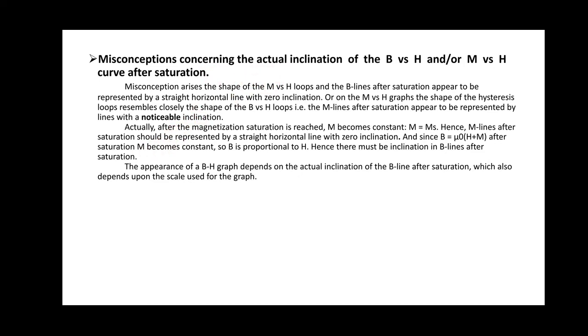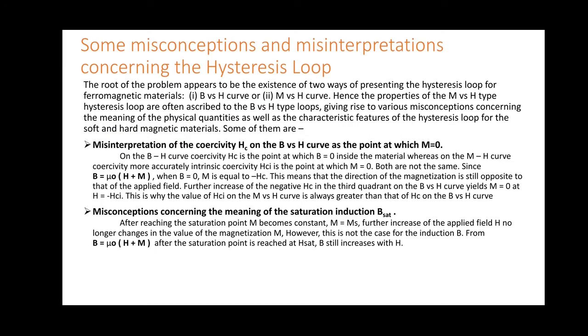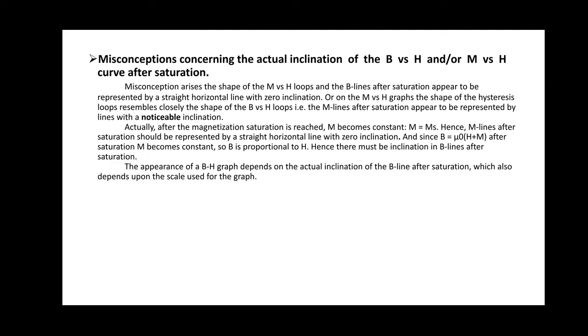When magnetization goes to saturation, we get a horizontal, zero-sloped line in the M versus H curve after saturation, while in the B versus H curve we will get a slant line. But there is some other misconception which is covered here.